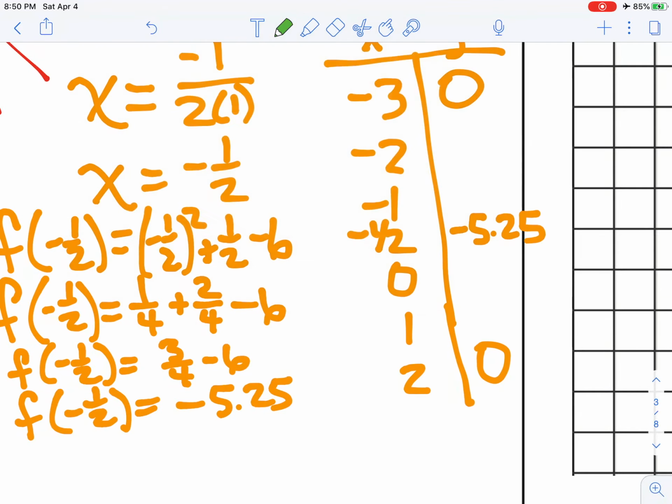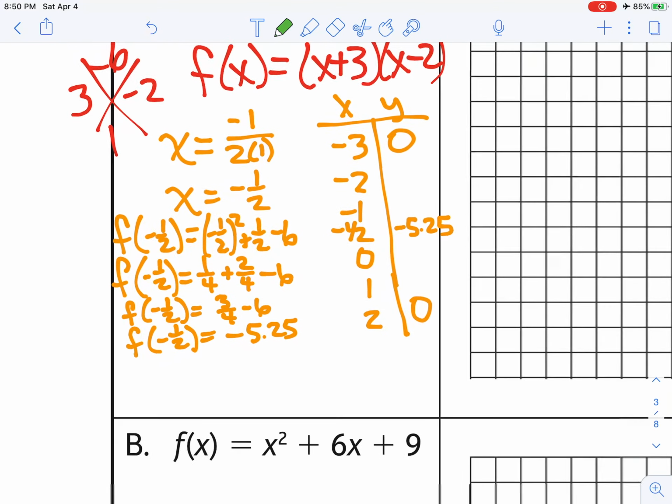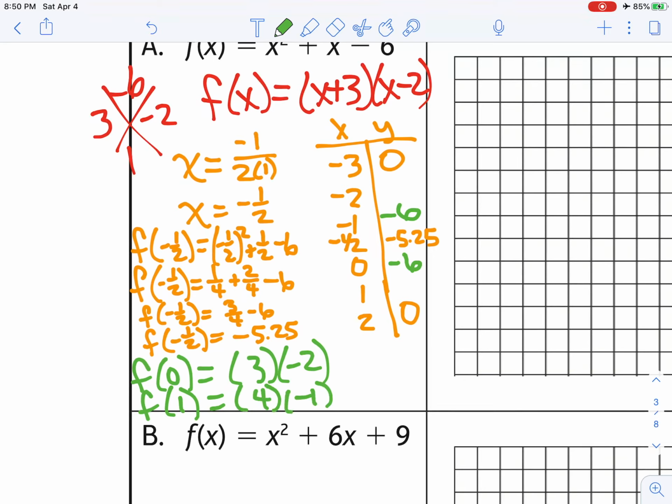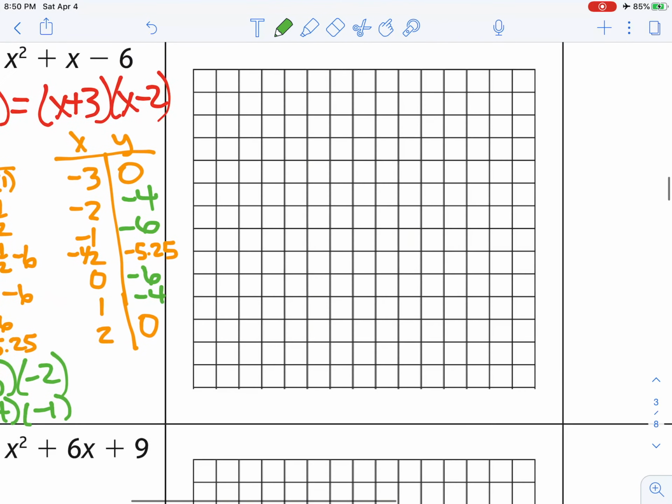Now if I plugged in 0 for x, f of 0, that would get me 3 times -2. So that would get me -6. So we know this is -6. If I plugged in 1, I would get 4 times -1, so -4.